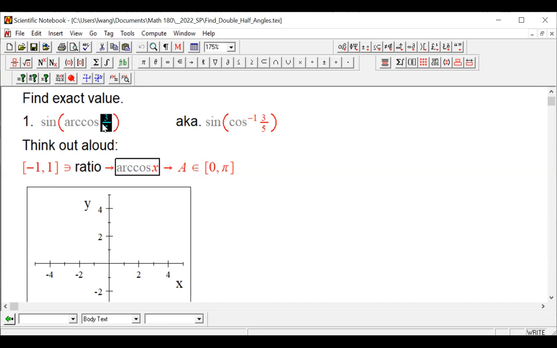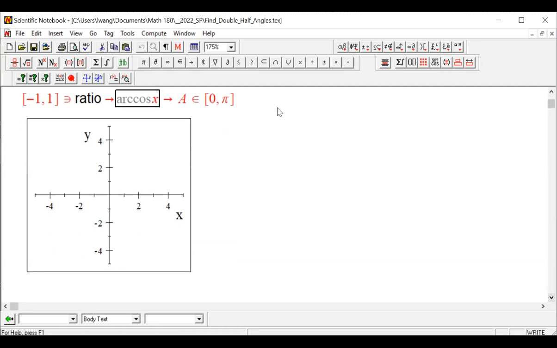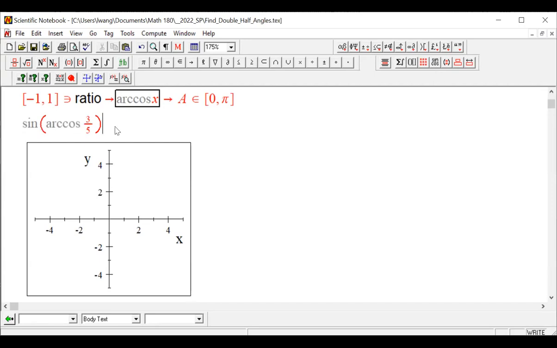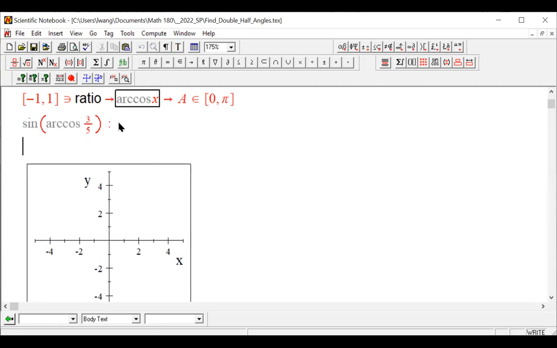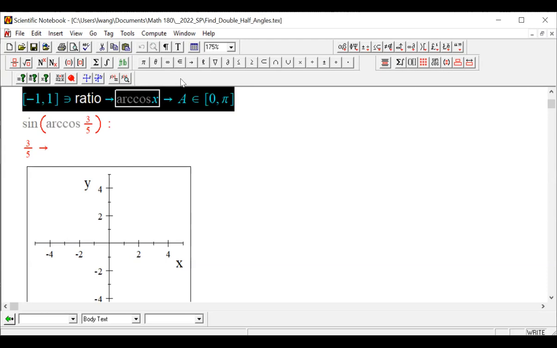So 3/5 is in the domain. On second thought, we also need to realize that 3/5 is a ratio, and arc cosine works on it.